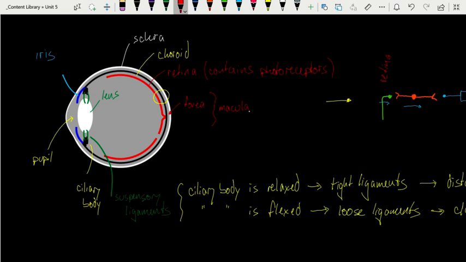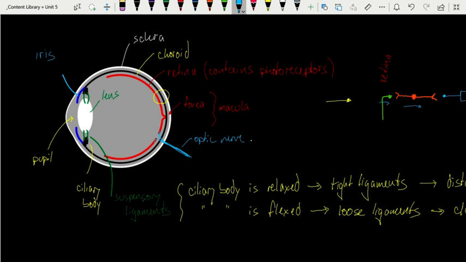We do see, let's see, a couple other things that we can label. As the ganglion cells of the retina come in, they will exit here, and all of those form the optic nerve.